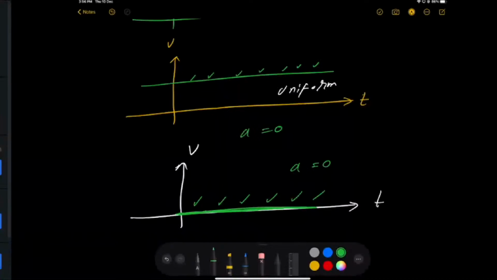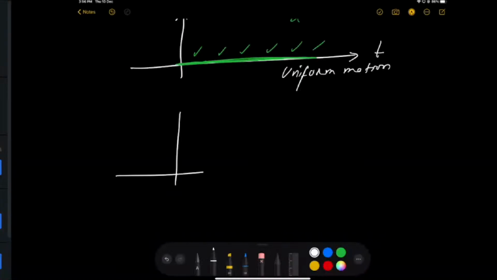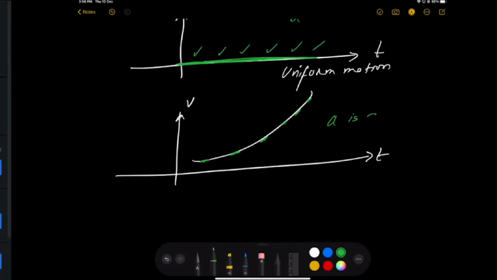That means everything at rest is also an example of uniform motion. Motion will be non-uniform only when you have a curved line in the velocity-time graph. If you have a curved line, then the slope here, here, here, everywhere is different. Slope is changing, so acceleration is changing. Therefore, it is an example of non-uniform motion.